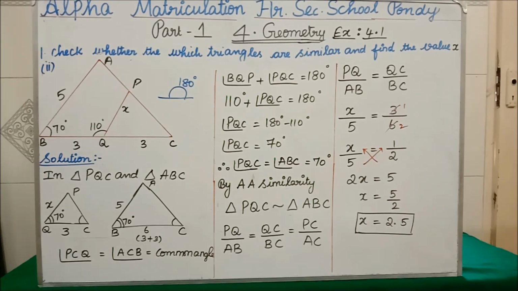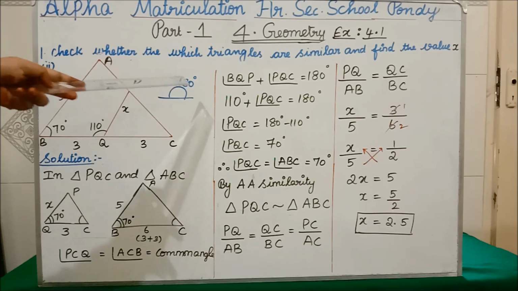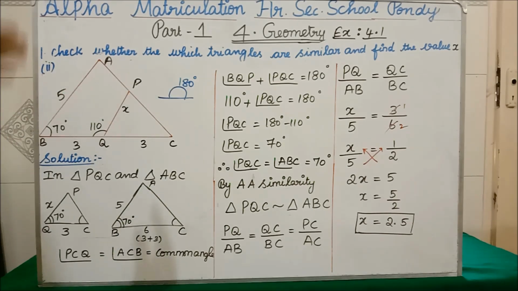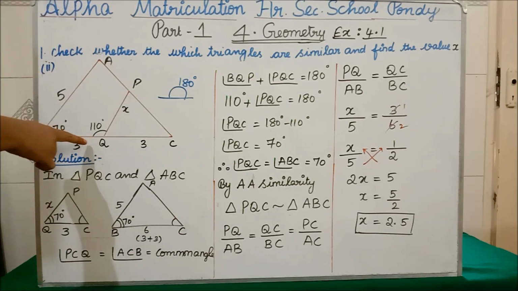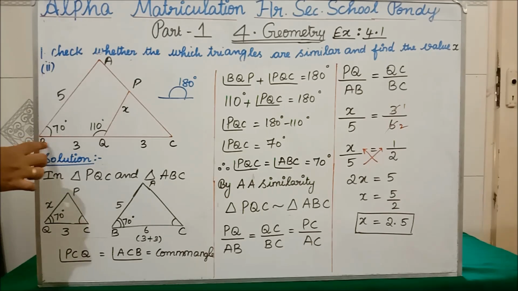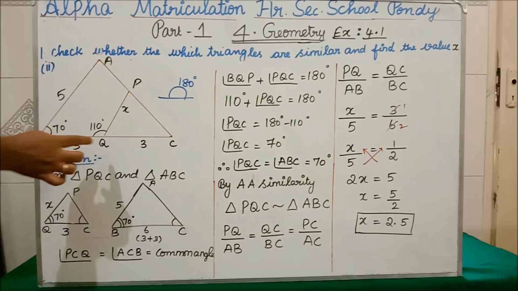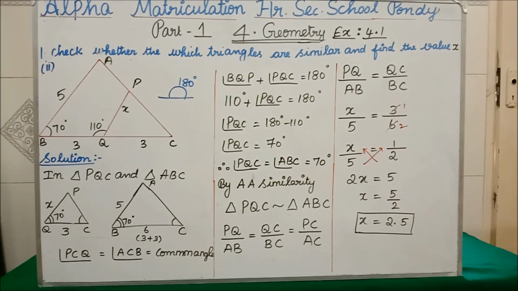So from lower class we have learned what is the angle of a straight angle. We will say 180 degree. Students, if you see here, B, Q, C is in a straight line. So to find the remaining angle, what we are writing first: B, Q, P. How is this Q part divided?